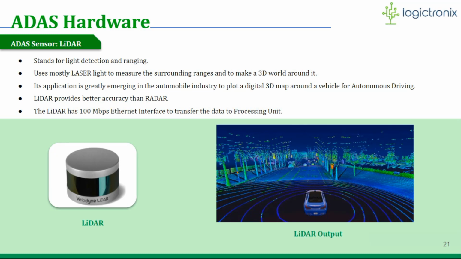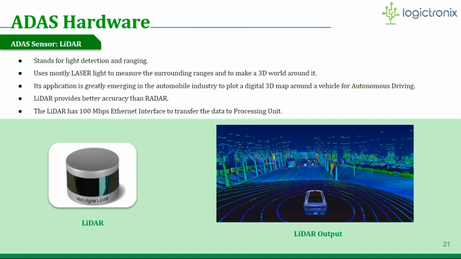Okay, LiDAR stands for light detection and ranging. As the name says, it uses light, which is typically laser light. The sensor technology uses a beam of laser light to measure several ranges around it. These ranges form numbers of points that can be utilized to make a 3D world around it.